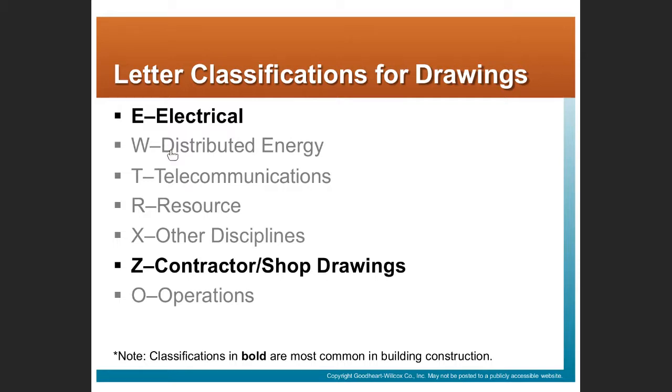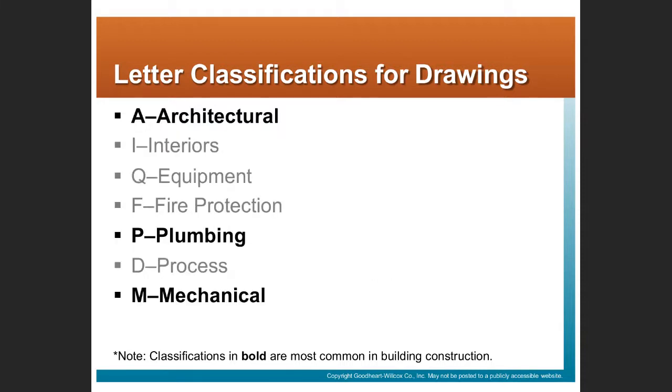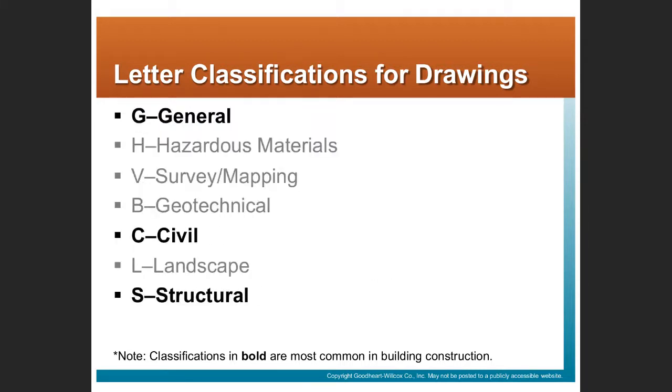You see the classifications that are in bold are the ones that are most common, but depending on the type of building we're building, we might have some of these other types of drawings, right? Landscape drawing, right? If there's a lot of trees or plantings that are being done as part of the project, we might have additional detail of that stuff on a landscape drawing.